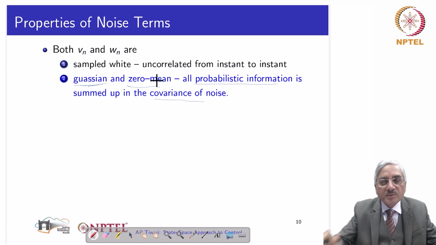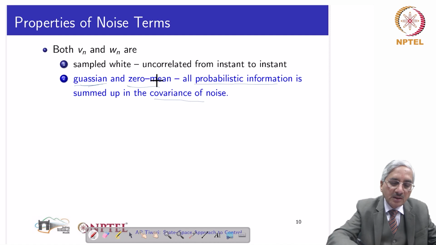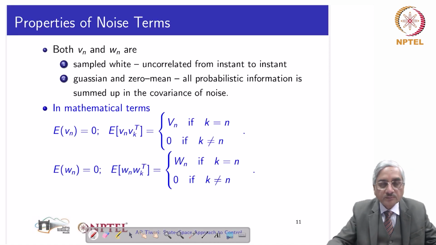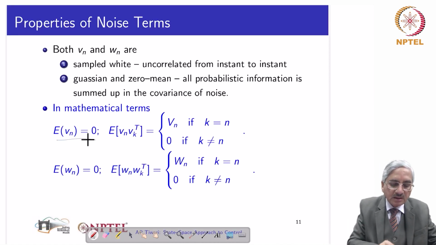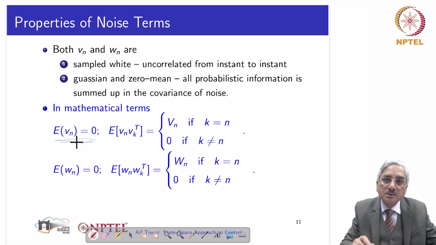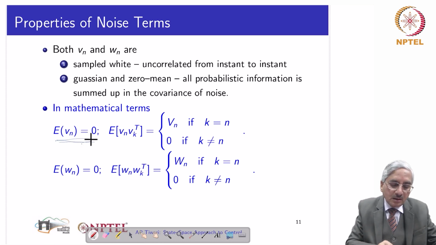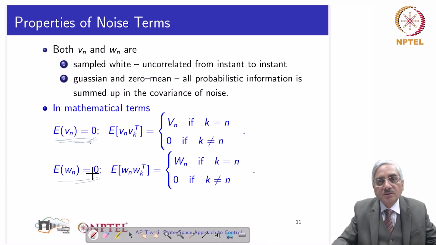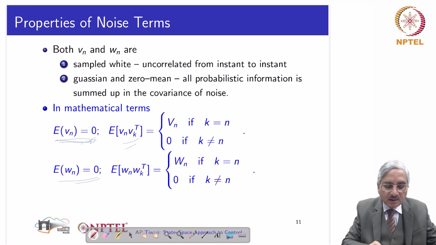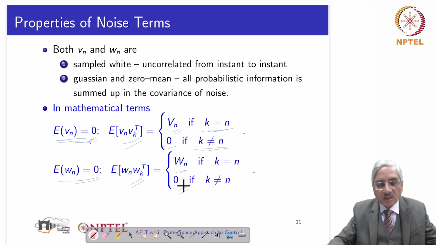And by being zero mean, we know that the mean value is 0. So mathematically, the expectation of the input noise is 0, the expectation of output noise is also 0, and the expectation of their variances is Vn at k equal to n, and at other moments it is 0. Here it is Wn, at other moments it is 0.